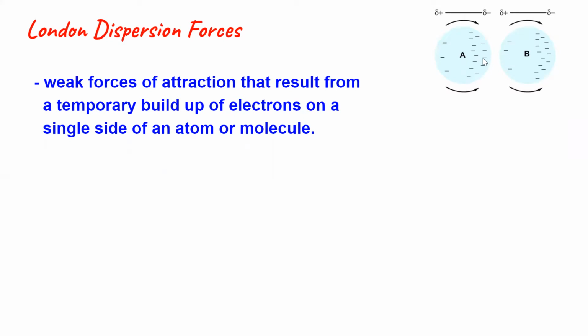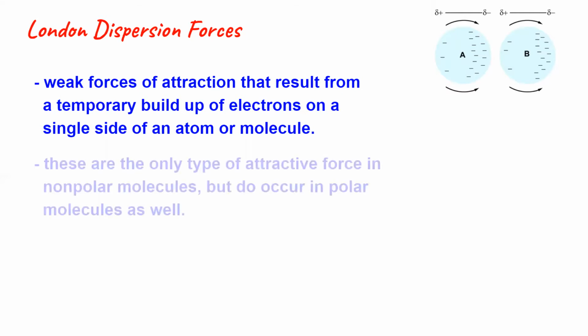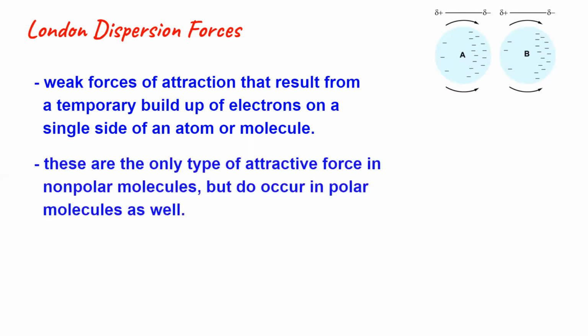This is temporary and only exists for a brief period of time, at which point the electrons then go back to their normal distribution in both atoms A and B, and they might form another temporary dipole with a nearby atom. So let's take a look at the second part. So for nonpolar molecules, these are the only attractive forces that are present.